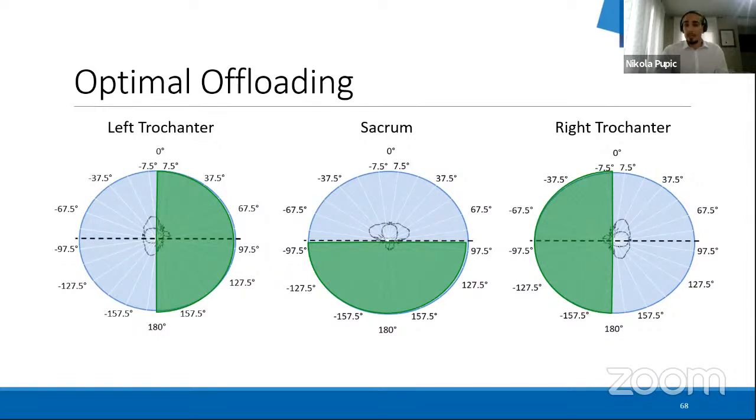The results also indicated that the smallest bin size needed to detect meaningful changes in offloading was 15 degrees. However, if tissues need to be fully offloaded, then classifying positions as left, right, or supine will be sufficient. But if we want to be more precise, this may be useful for detecting self-repositioning that may occur during sleep, and this can better inform caregivers if patients need to offload sooner or later, depending on the small movements made.